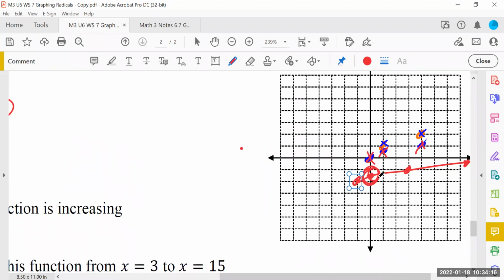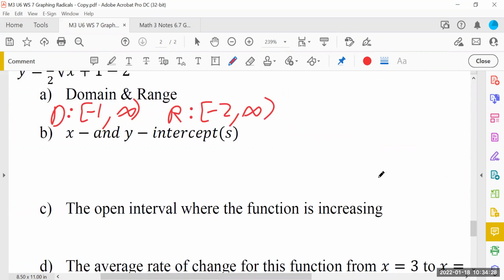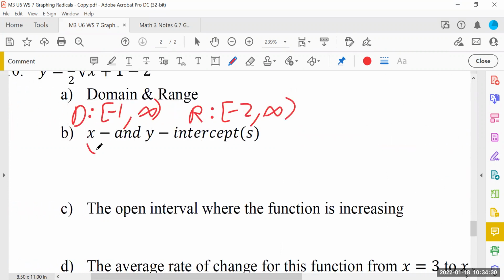I have a nice point there at 0, -1.5. If I didn't have that point, I need to plug in 0 for x. But since I have it already, I can just say the y-intercept is 0, -1.5.